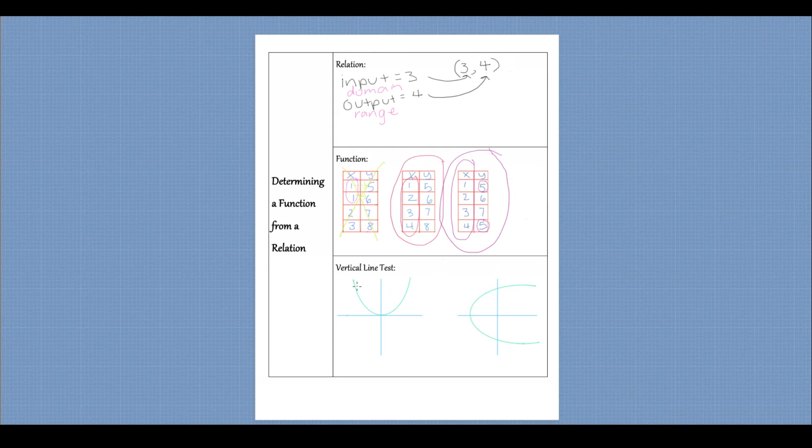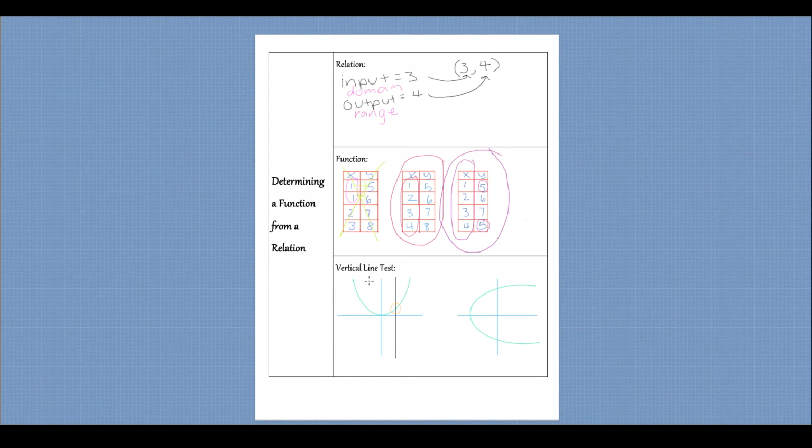So I have an example here. I'm going to draw a straight, vertical line through this graph. As you can see here, it only crosses through one area, right there. And since it only crosses through that one area, it is a function.